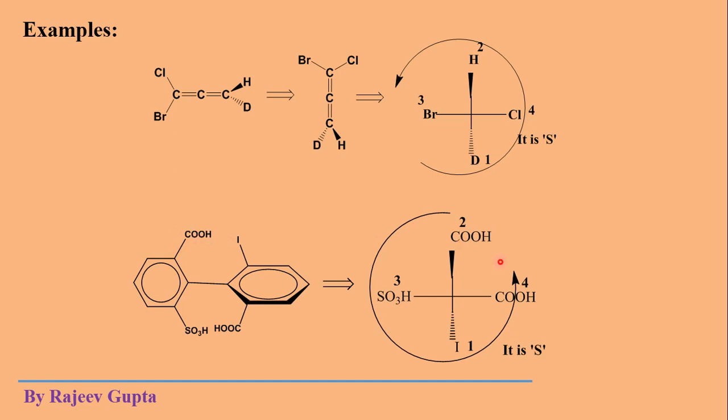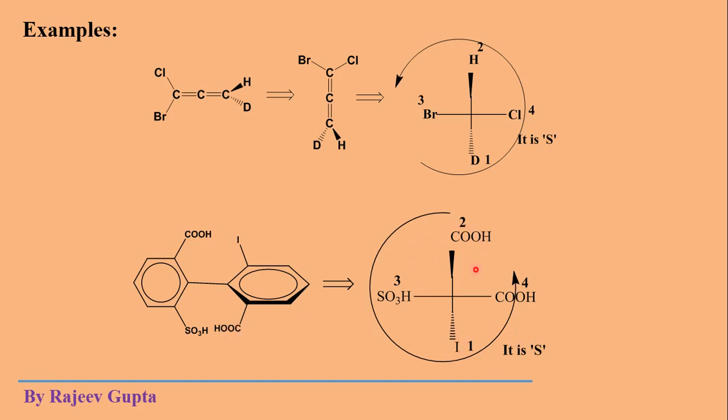So the carboxylic group will come here at the horizontal line. Remember, this planar portion will go to the horizontal line. At the vertical we put this wedge and dash. The COOH goes to the right, this sulfonic acid goes here. Iodine, which is present on dash, comes here, and the carboxylic group comes here.